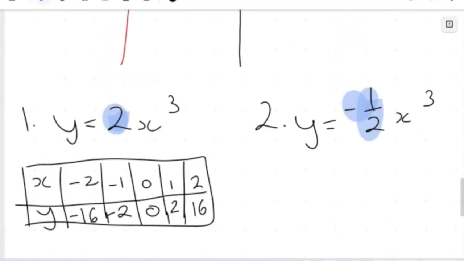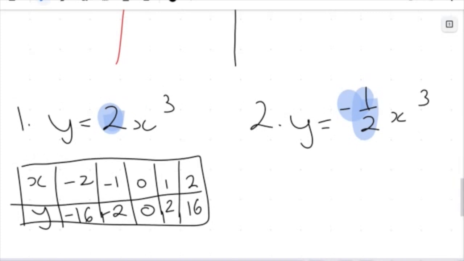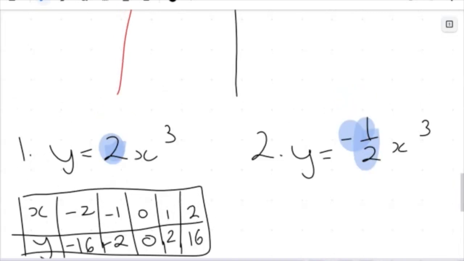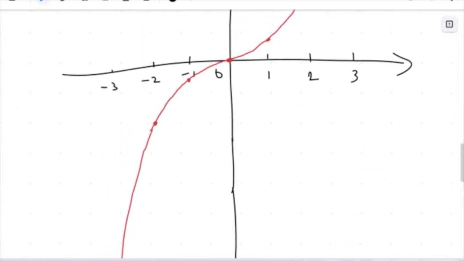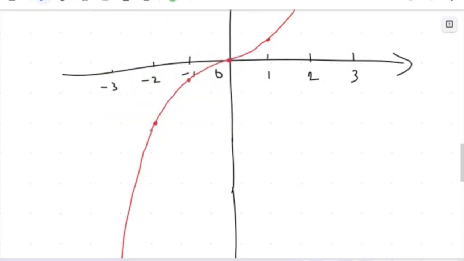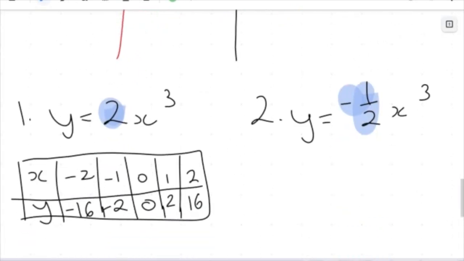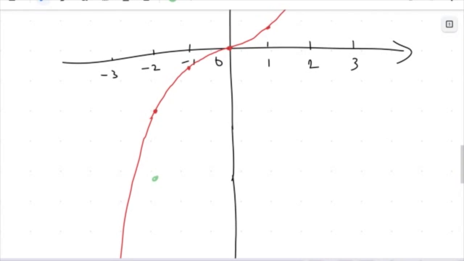So let's just draw that in. When x is -2, y is -16. So x is -2, y is down about here. When x is -1, y is -2.